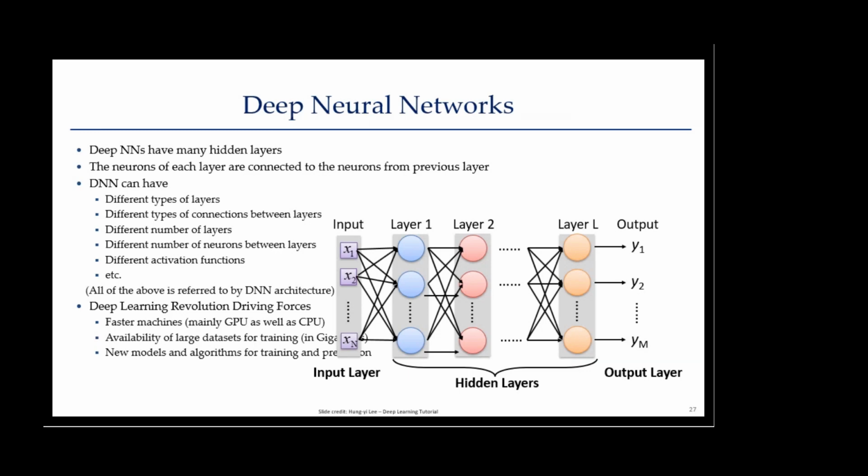A deep neural network can have different types of layers, which we're going to discuss later, and different types of connections between layers. You can have different numbers of layers, different numbers of neurons in each layer, and different types of activation functions.